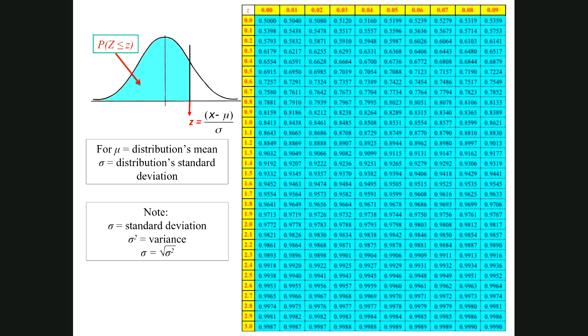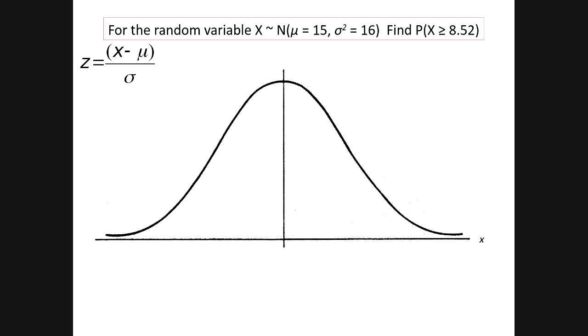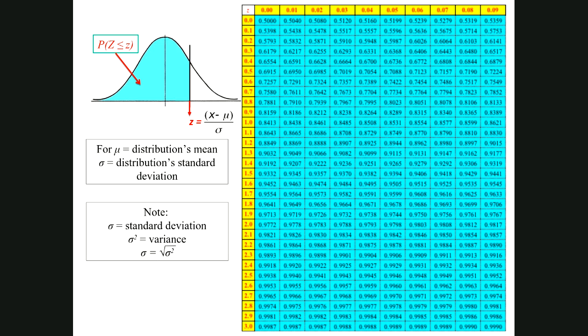Again, remember these are positive values, but if we look up 1.62, 1.6, and then here's the column, and go across, and here's 0.2. The value that corresponds to a positive 1.62 is 0.9474.